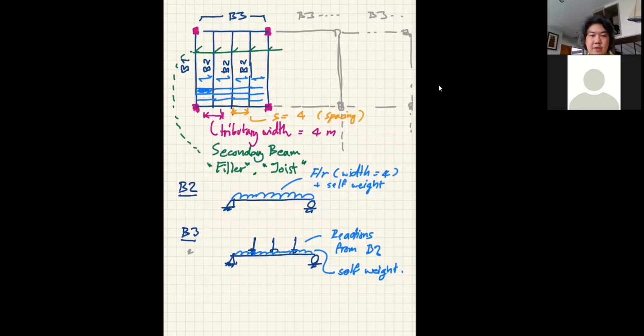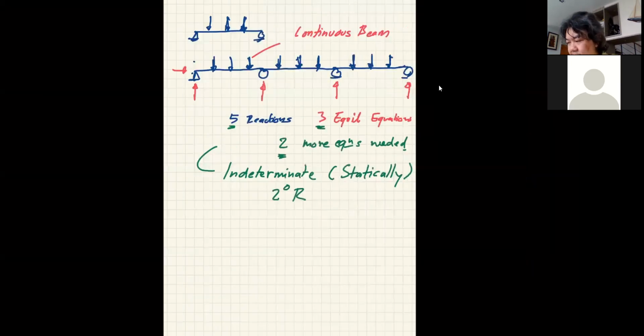So I'm trying to show you that in the real world, not only will you not have a series of simple beams, but you have to have this continuous beam. That's why, if you are driven to be a civil engineer, you need to know how to analyze this. Not in the sense that you need to know how to carry it out, but at least you must know the behavior, because it's not just in structures and buildings.